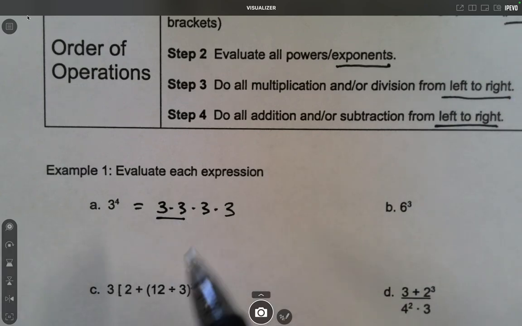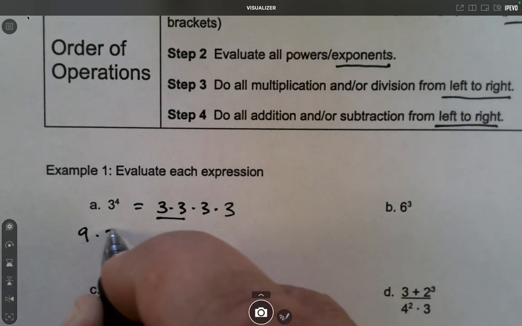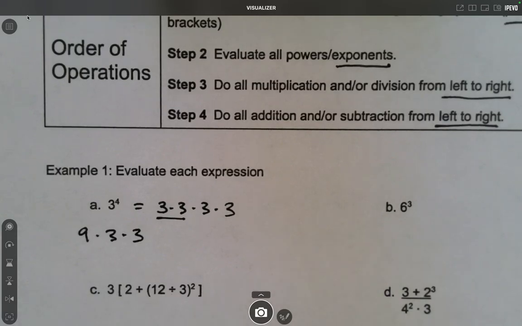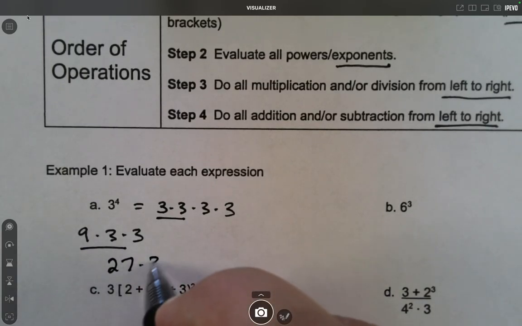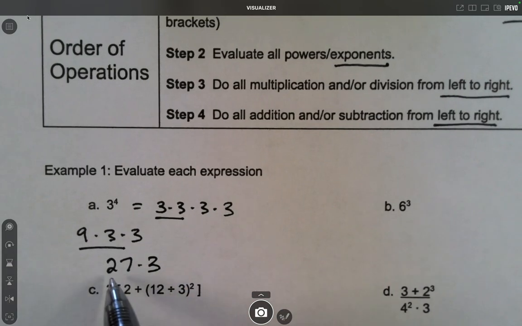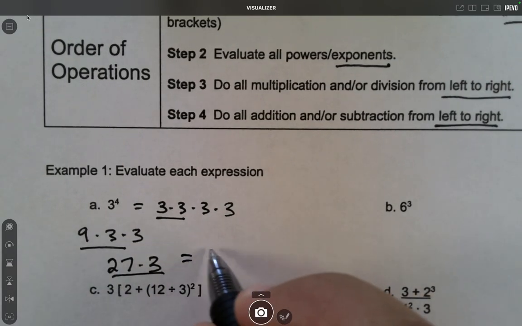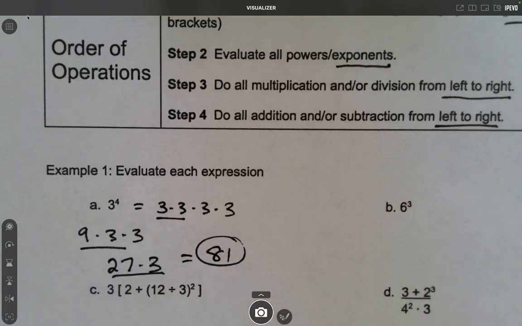So I'll start with these two and say 3 times 3 is 9. Then I'll multiply these two together. 9 times 3 is 27. Now I'll multiply 27 times 3 and get 81. Now, truthfully, on this particular example, it doesn't really matter what order you do it in, but there are definitely problems where it does. So you should just be in the habit of going from left to right all the time.